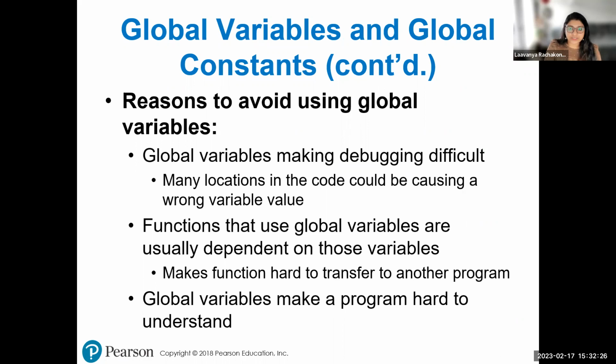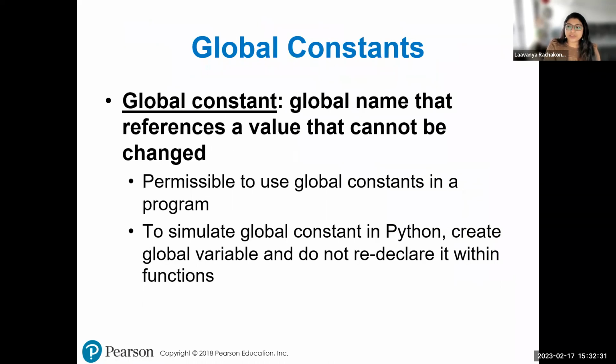In order to avoid such difficulties or disadvantages, we are now introducing global constants. Global constants work similarly to a global variable, except these are written in all caps. So first, let's say you are defining number as your global constant, it should be written in all caps, like NUMBER is equal to whichever data that you want to fix.